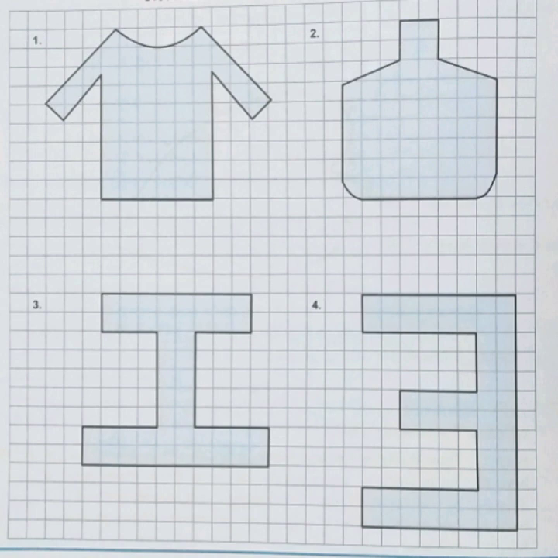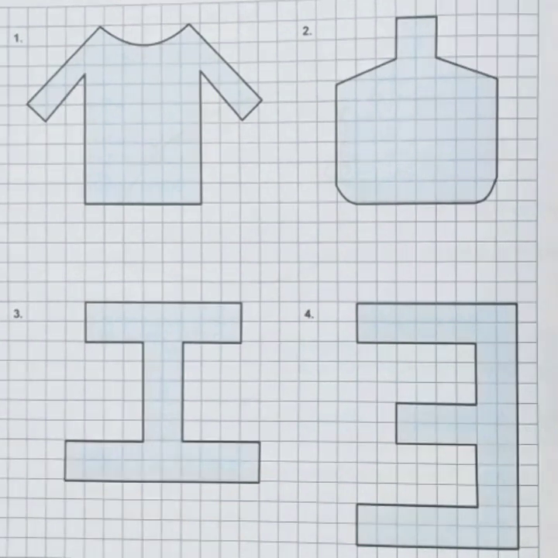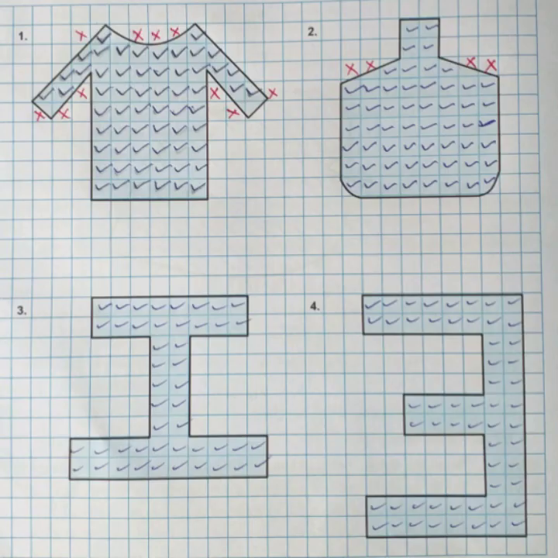These types of square boxes you have to tick, and those which are less than half you will cross and not count. In question number 1, you can see the tick marks are inside the boundary, and the boxes are completely inside the boundary.